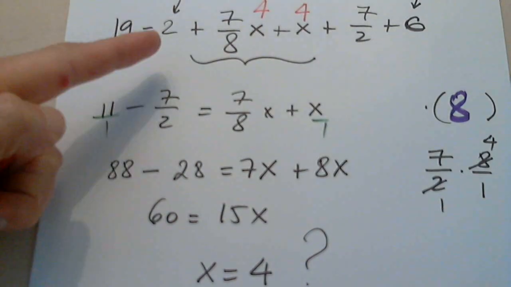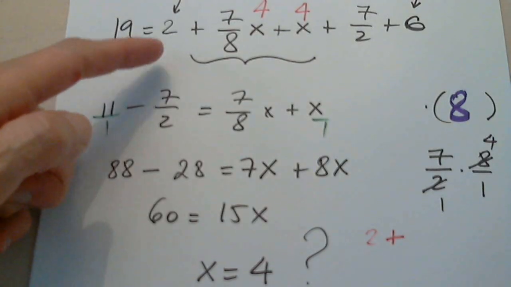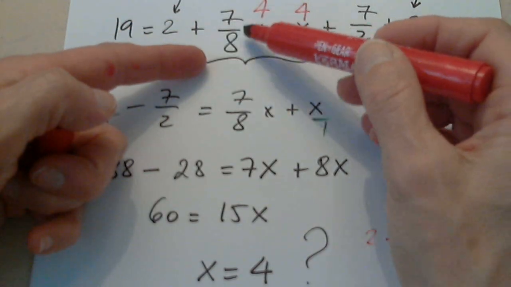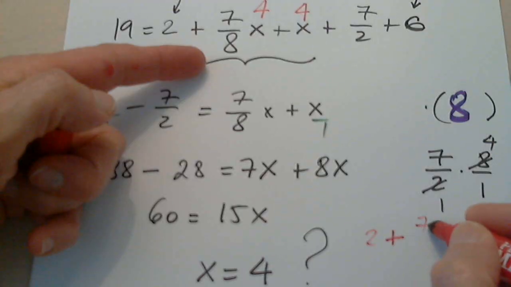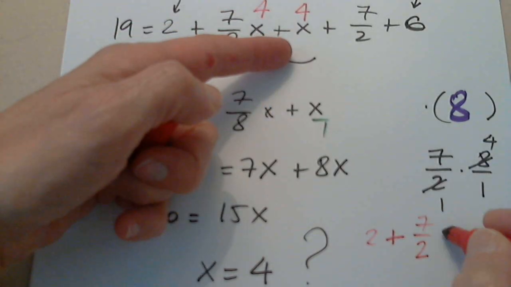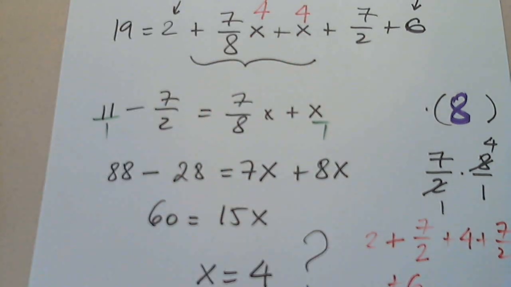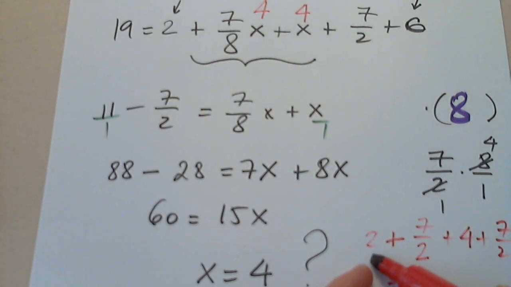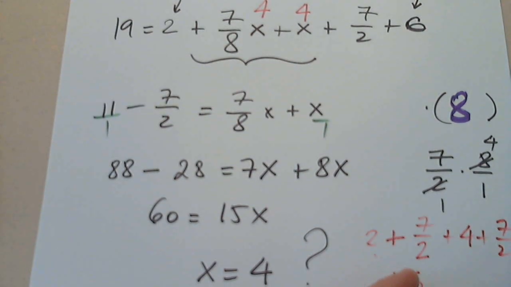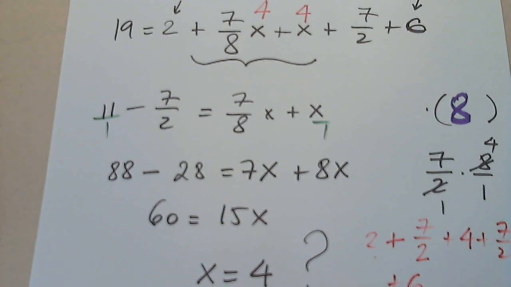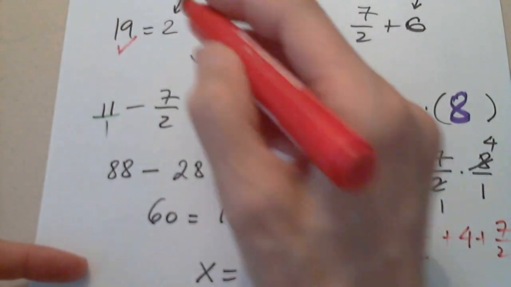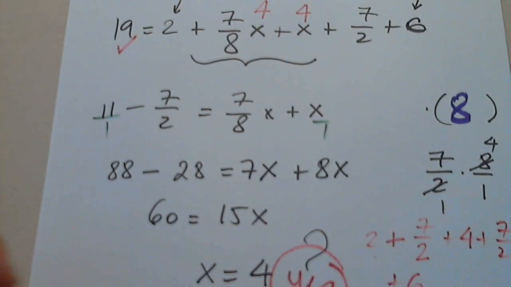Check yes. So 2 plus, when I multiply by 4, I simplify and I get 7 over 2 plus 4 plus 7 over 2 and plus 6. So this is 12. And this is 14 over 2, which is 7. So the answer is indeed 19. I will say yes.